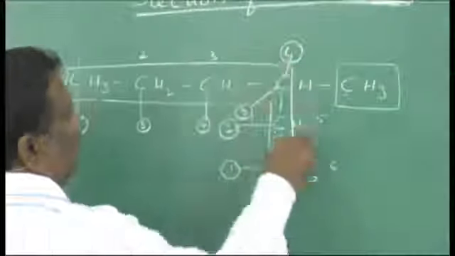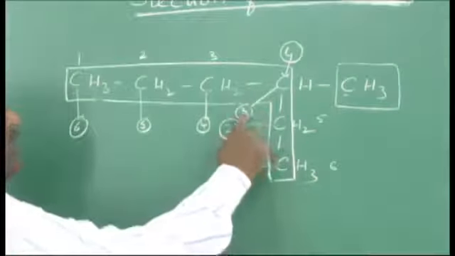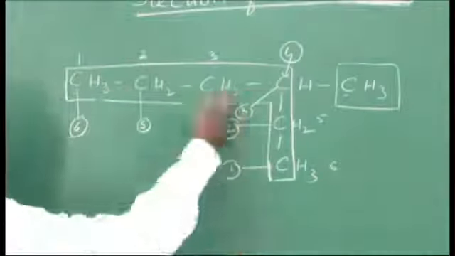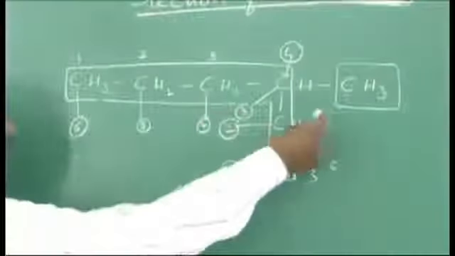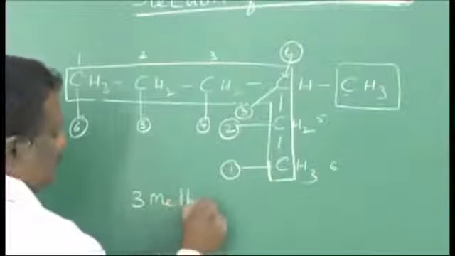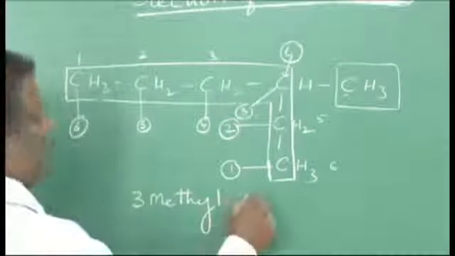According to this numbering, the substituent will be on the fourth carbon. So we have to take the numbering where we get the third carbon. So numbering from this side will be the correct procedure. So the name of this compound is 3-methylhexane.